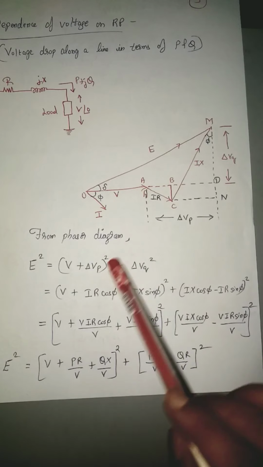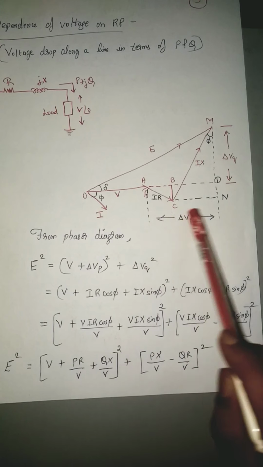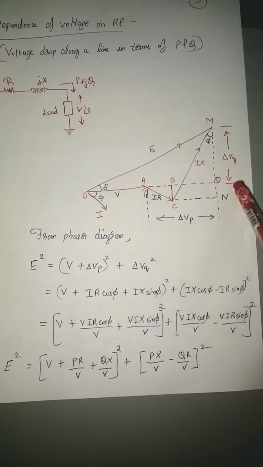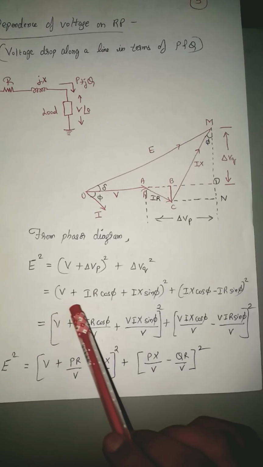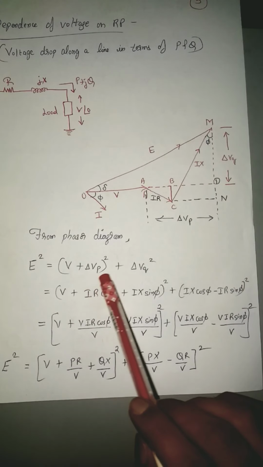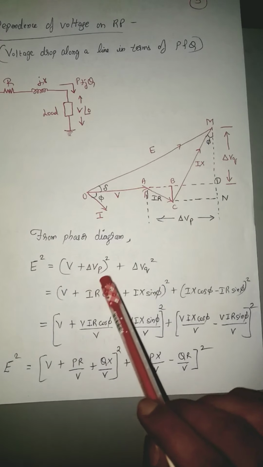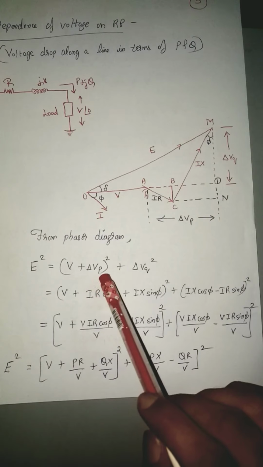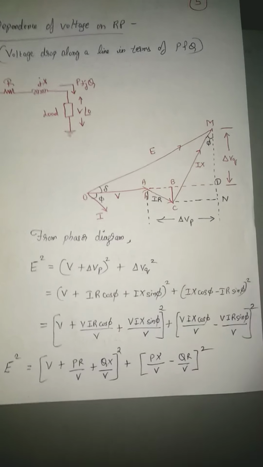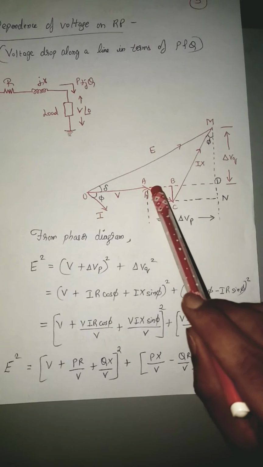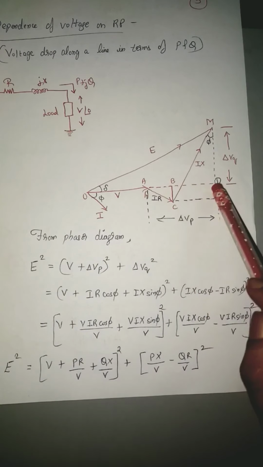So here, E squared is equal to (V plus delta Vp) the whole squared plus delta Vq squared. Now, in place of delta Vp, I am trying to represent delta Vp in terms of power factor angle phi. Delta Vp is nothing but AB plus BD.